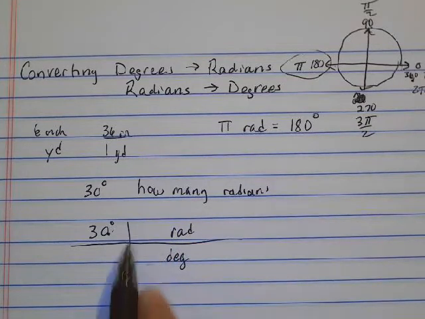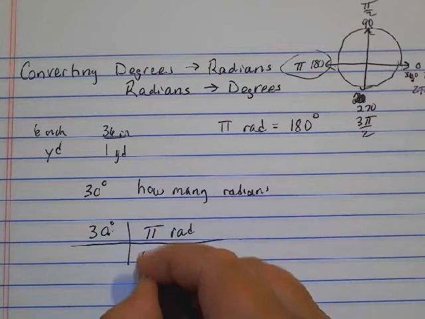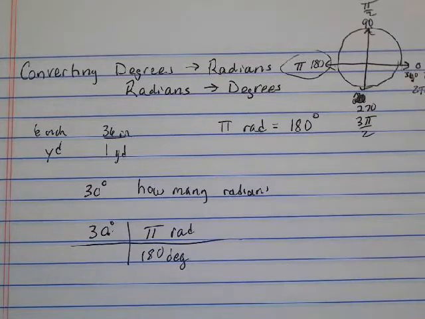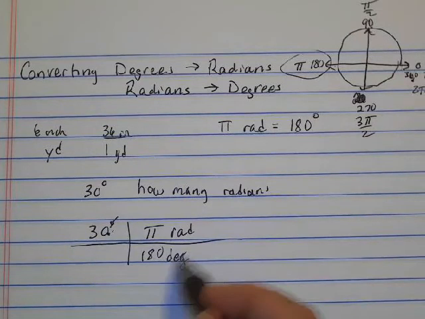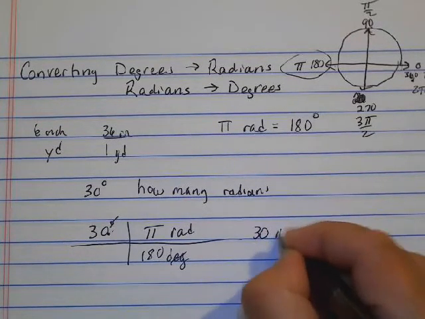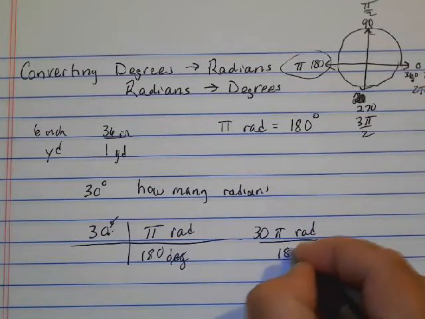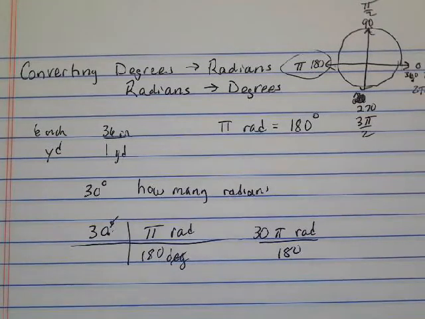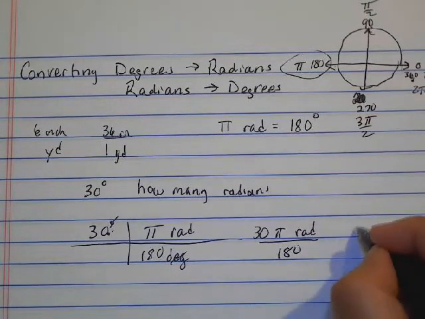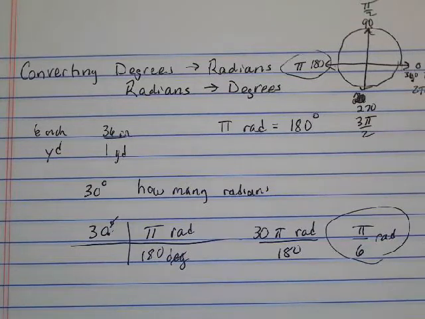So here I'm going to use my conversion of pi radians is 180 degrees. So then I'm ready to cancel out my degrees, and I have 30 pi radians divided by 180. So when you reduce this, you actually get pi over 6 radians. So pi over 6 radians is the same thing as 30 degrees.